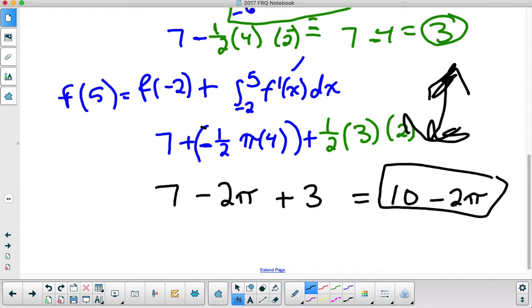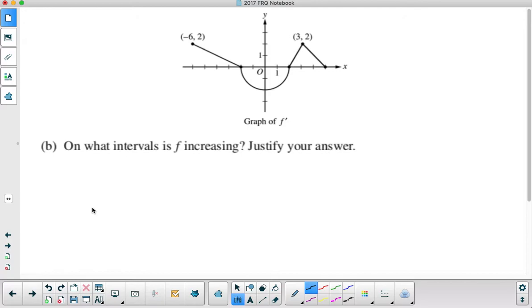All right, next part, B. On what intervals is f increasing? Again, this is the graph of f prime. When you're talking about f, it is the integral of this, so we're talking about areas. On what intervals is the area of this graph increasing?